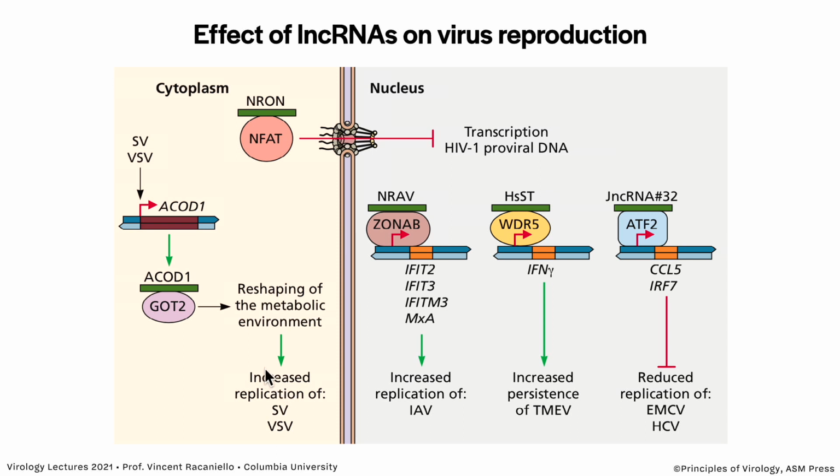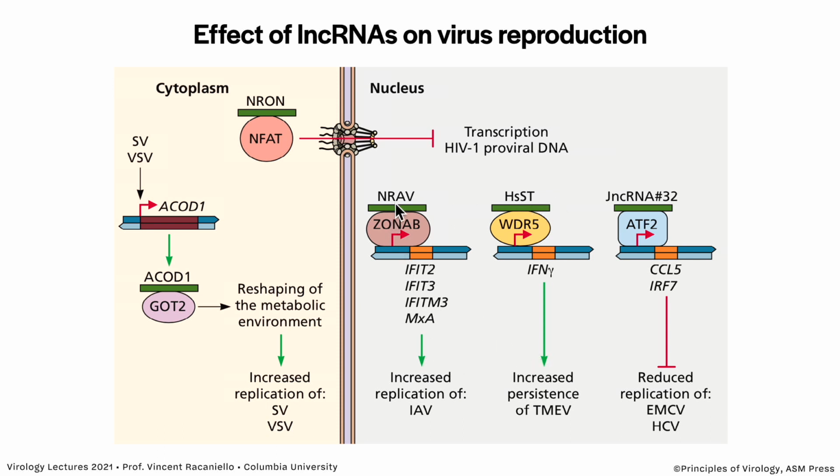This is an amazing effect that I think we might talk about later. But the long non-coding RNA can bind to proteins and modulate their activity. Here are some examples where this particular long non-coding RNA can inhibit transcription of HIV-1 DNA. And then down here, the green arrows are increased viral replication.